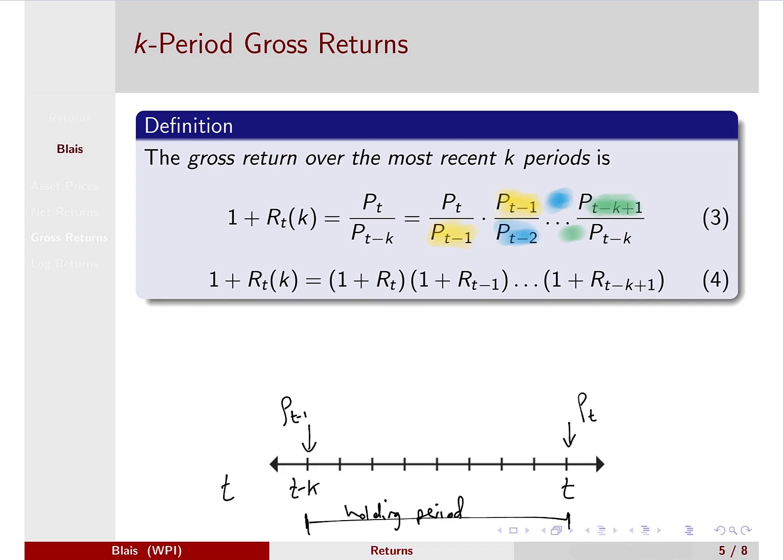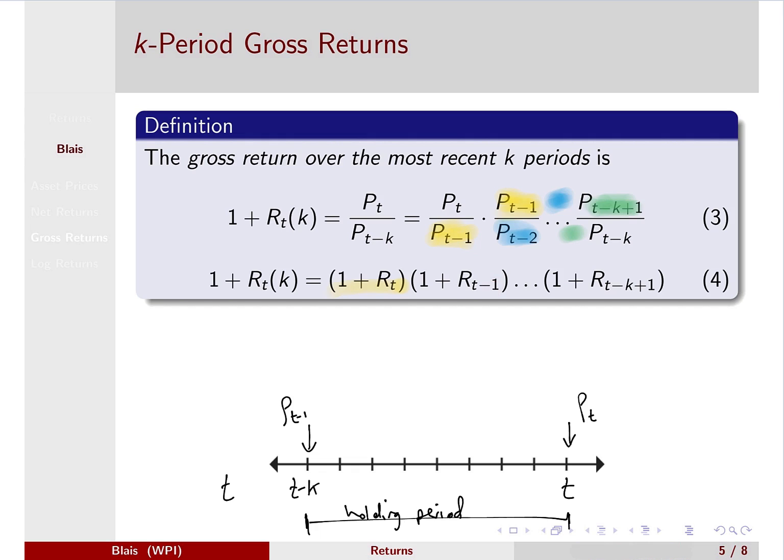But the key thing to recognize here is that each one of these is nothing more than a single period gross return. This is the gross return for day t. Here, this second fraction is the gross return for day t minus 1.